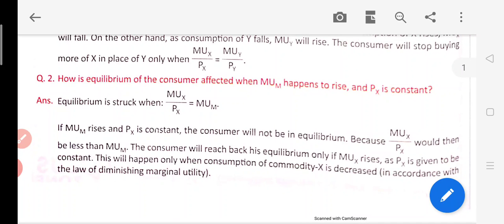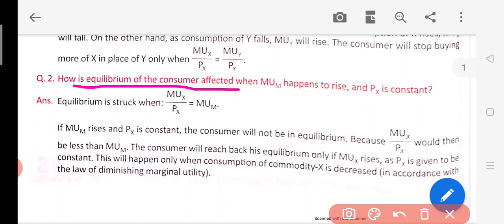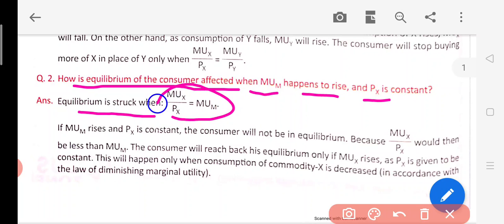Now here the next question is, how is equilibrium of the consumer affected when MUM happens to rise and PX is constant? Now here in this case equilibrium is struck when we know that MUX upon PX is equal to MUM.